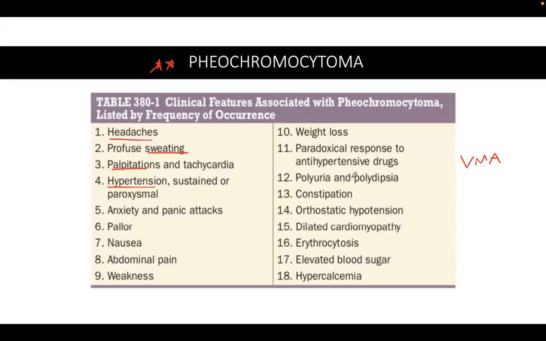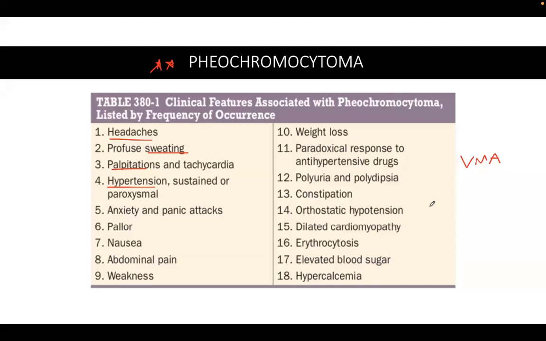So what is the pattern that you would encounter? The microscopic pattern of the chromaffin cells in pheochromocytoma. Now, I want you to remember the chromatin is the salt and pepper.